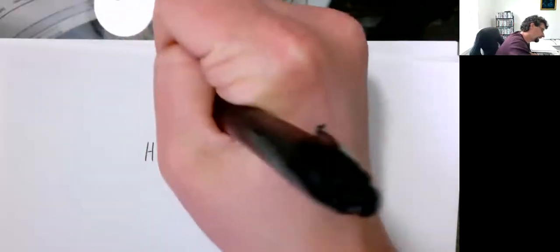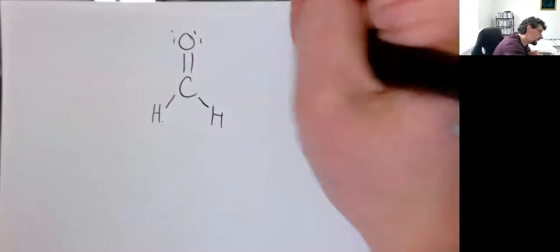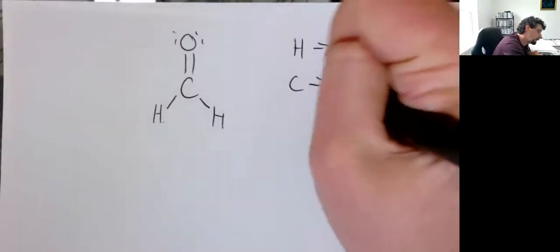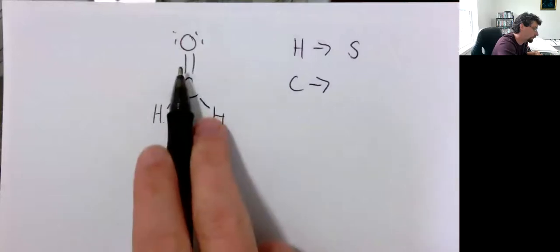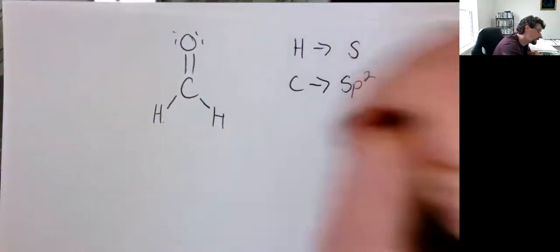To show another example, let's look at formaldehyde. Since these are hydrogens, we know the hydrogens are only an s hybridization. That carbon has 1, 2, 3 effective pairs around it. It's an sp2 hybridized carbon.